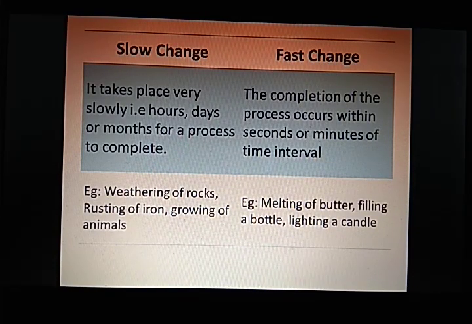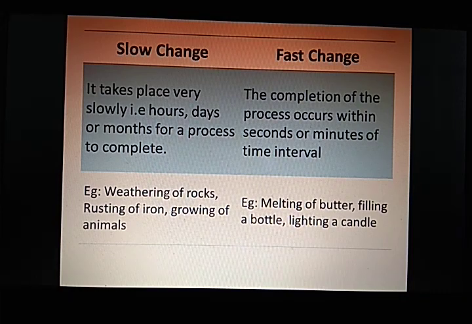Next, we have slow change and fast change. Once again, it is a time-dependent change. Slow change takes place very slowly. Slowly means for a process to get completed, it can take hours, 3 hours, 4 hours, or it can take days or months.